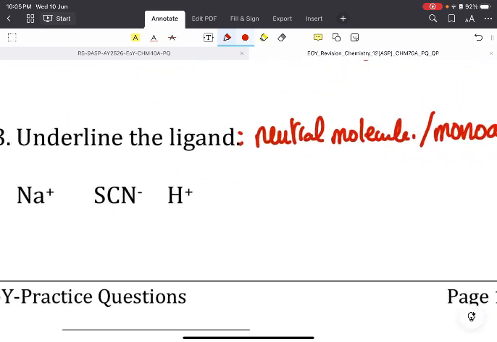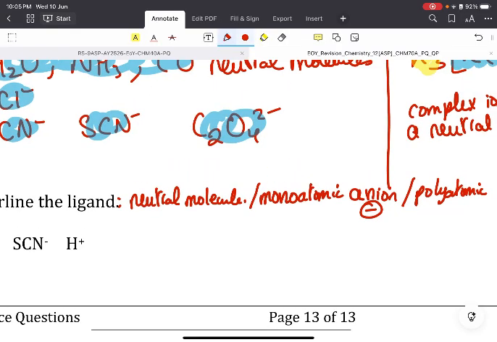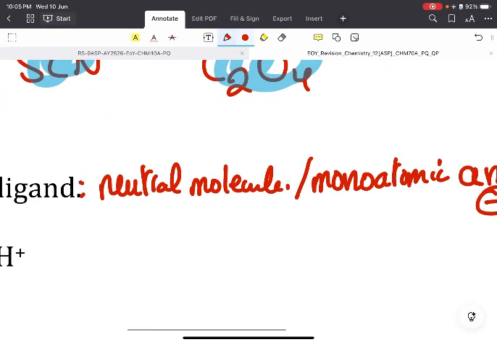Now, why should it be like this? The neutral molecule should have lone pairs on it. For example, NH3 and H2O have lone pairs over here. So that's why it's a ligand. It acts as a Lewis base or an electron donor.